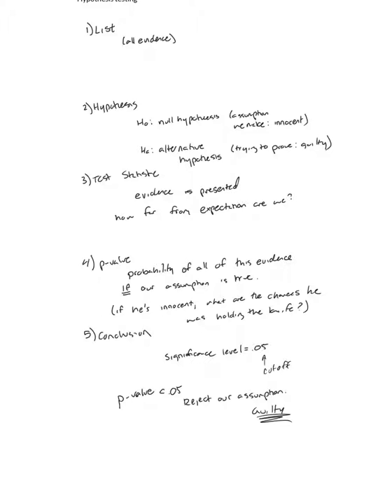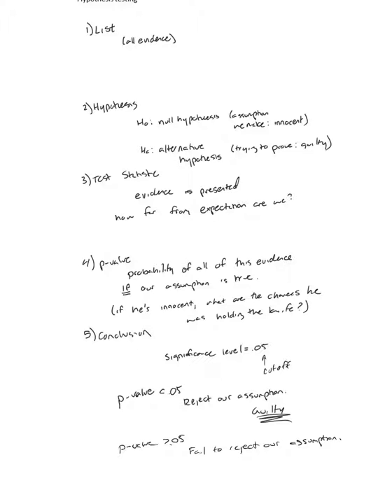Now, on the other hand, we might end up with a p-value greater than 0.05. And what this means is that the chance that this evidence would be here if the person is innocent is more than 5%. So maybe there's a 10% chance it happens, or a 30, or a 40, or a 50% chance it happens. In this case, we fail to reject our assumption, and it's important to realize why. If we're performing a trial by jury, there's only two conclusions that can be reached.